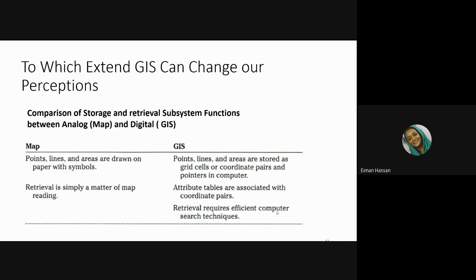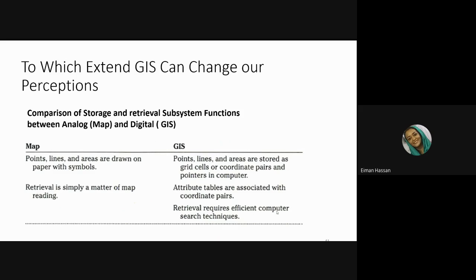Another comparison is between retrieval subsystem functions. In the maps, we have points, lines, and areas drawn on paper with symbols. But in GIS, we are using computers, and you can produce fancier maps and more accurate results.